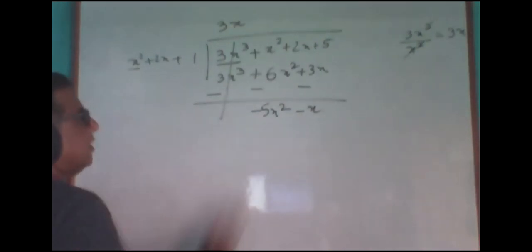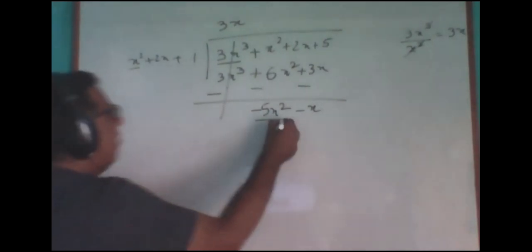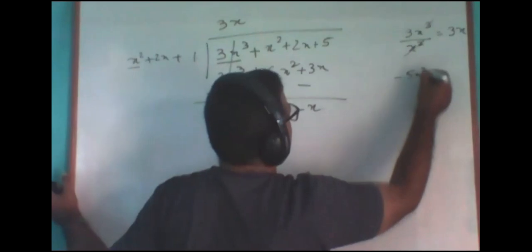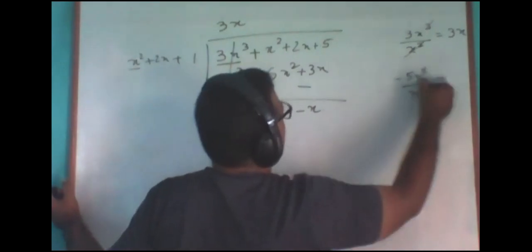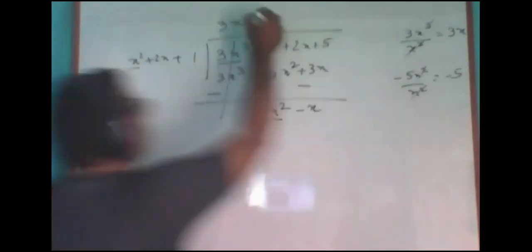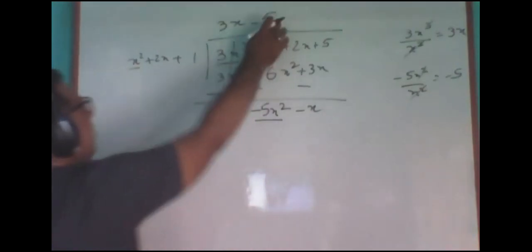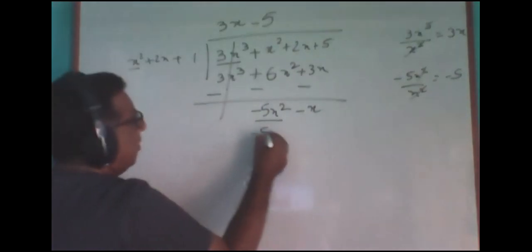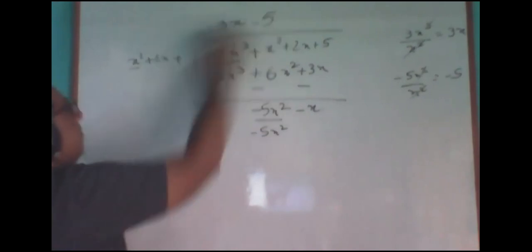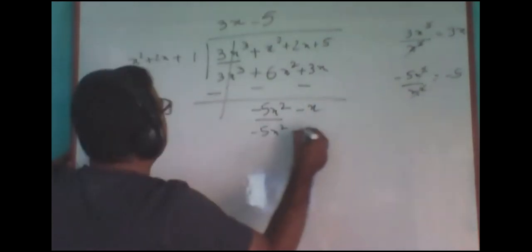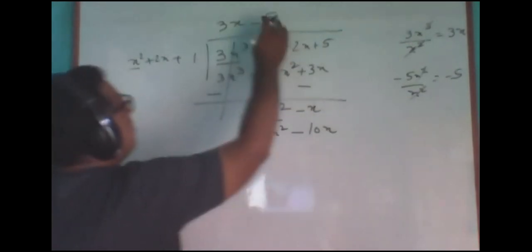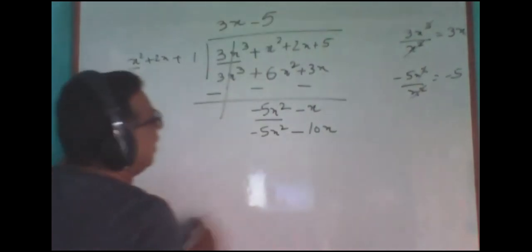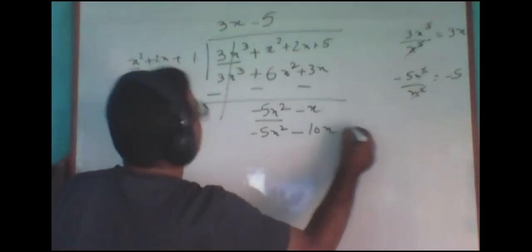Now again, I want minus 5x square. I have x square. So what will my quotient be? x square cut, minus 5. So I will start with minus 5. Minus 5 into x square, minus 5x square. Minus 5 into plus 2, minus 10x. Minus 5 into plus 1, minus 5.